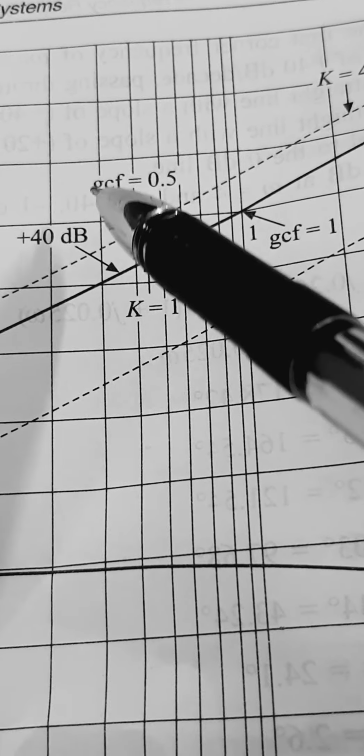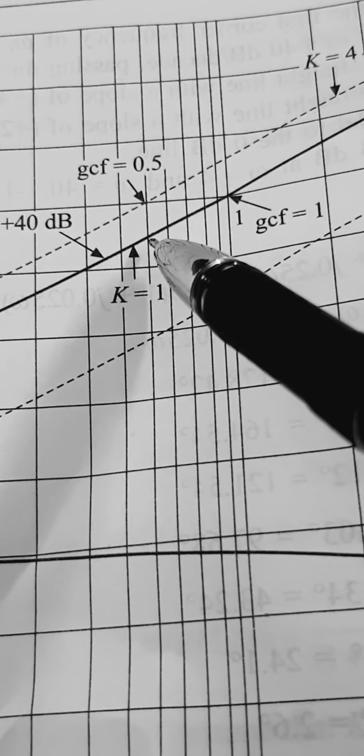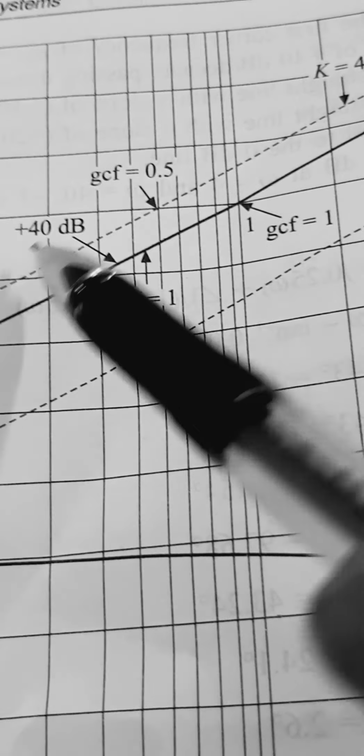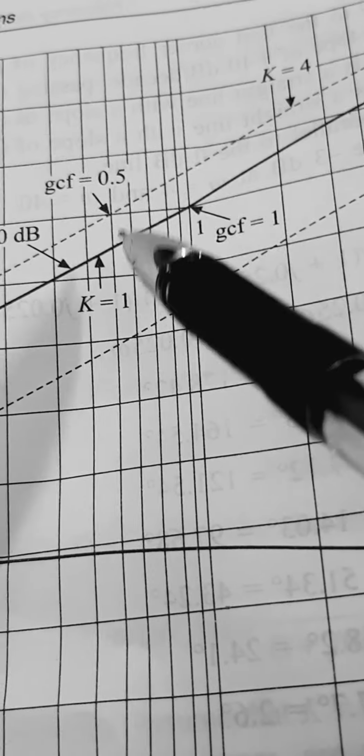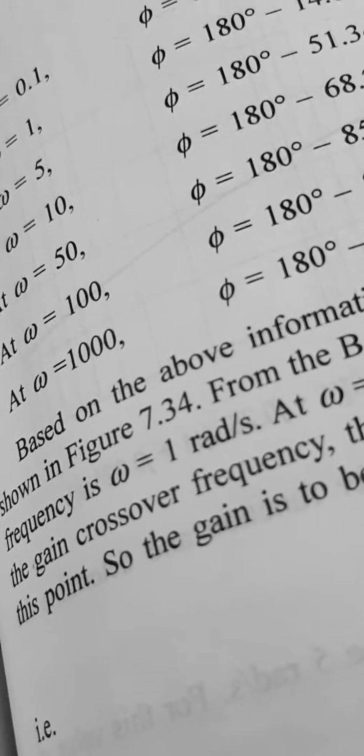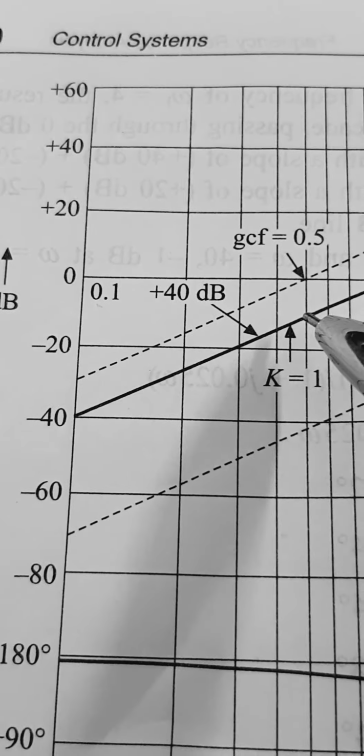In order to make 0.5 the gain crossover frequency, this graph should be shifted to this dotted representation. Actually, at 0.5 it is almost 12, not 14.